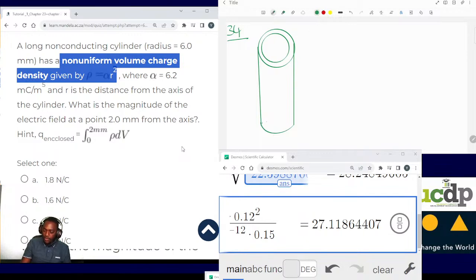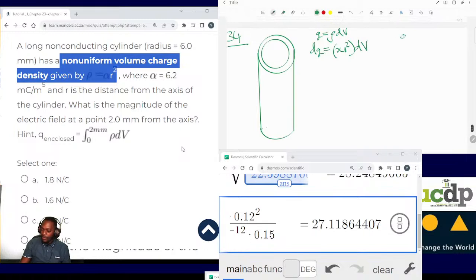So first and foremost, we know that Q is equal to the integral of rho dV, right? Which means delta Q will be equal to alpha r squared dV. Why?